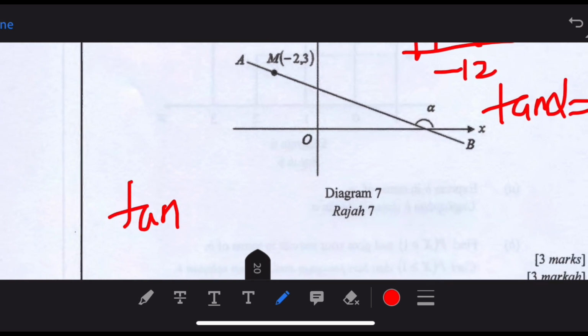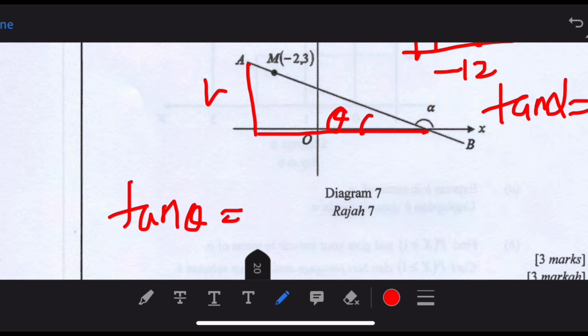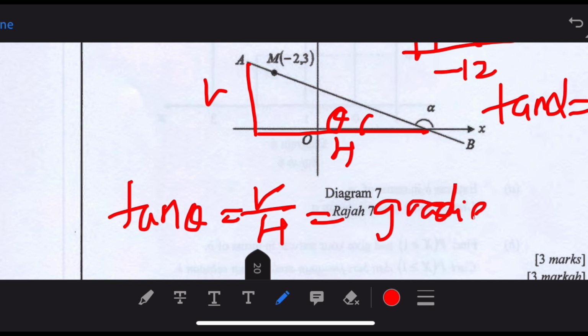The line is going down, so the gradient is negative. If you find the tangent, you will get the tangent value as 5/12, and that value must be negative, because it is the gradient for a line which is going down.